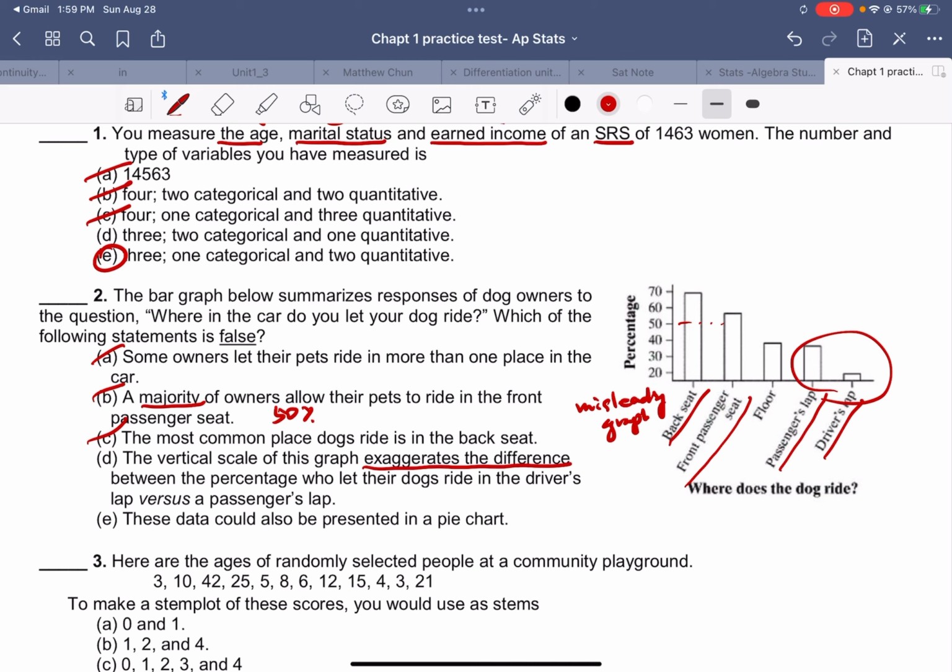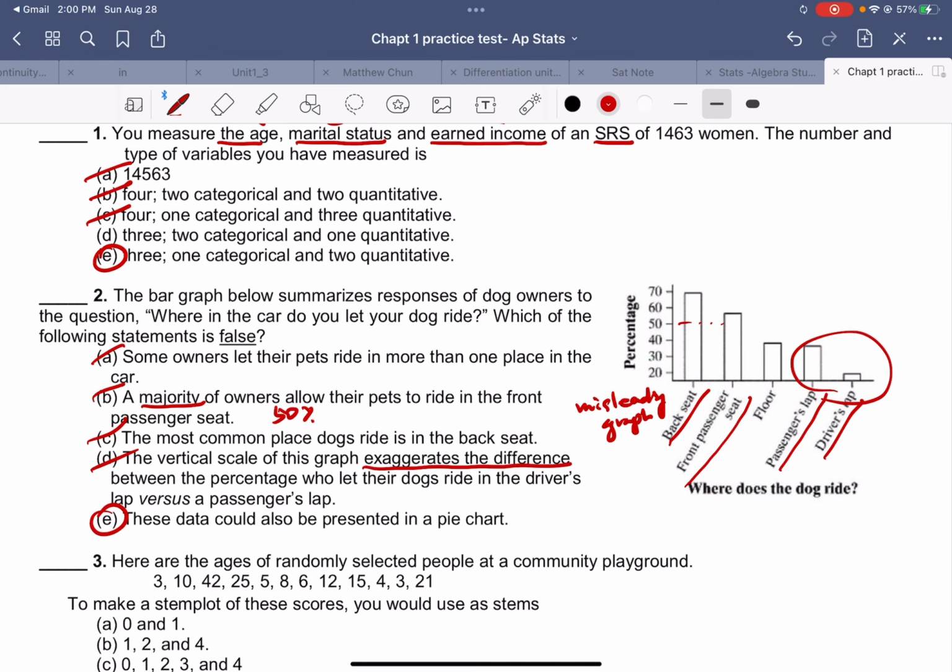Each dot here is a 10, but from here to here is very short, and it doesn't start from 0, so this is not actually 20. That's what we call a misleading graph, a bad scale. So that's true, and we are looking for something false, so it's out.